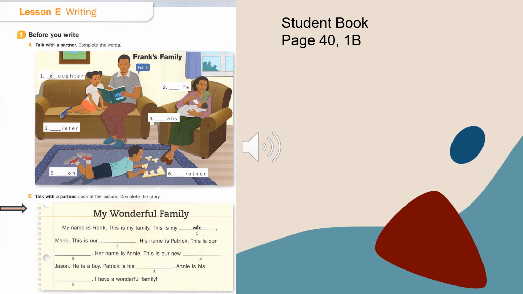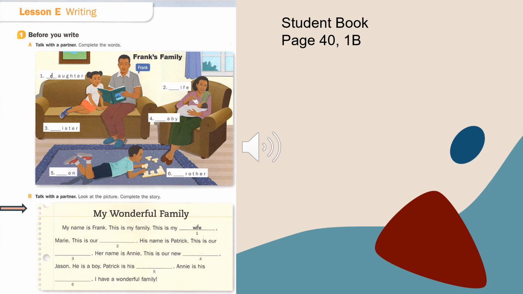We're on page 40 and we're going to do 1B. We're going to fill in the gaps here. It says, my name is Frank. This is my family. This is my, who do you think Marie is? This is our, now, the name is Patrick, so if he has Marie for the mother and Frank for the father, what is Patrick to them?